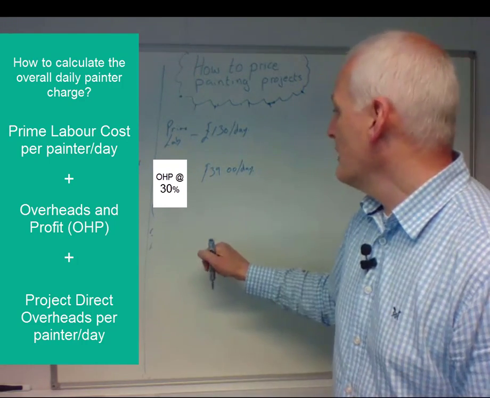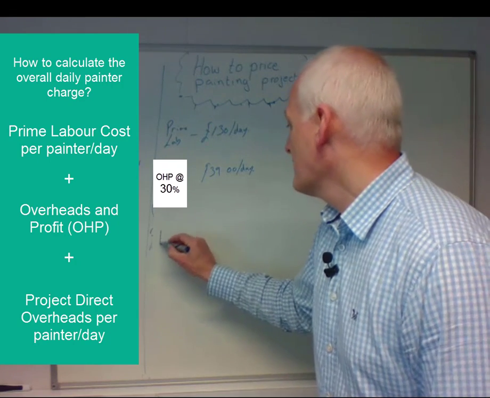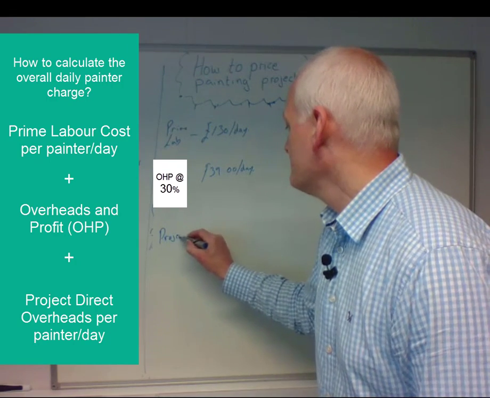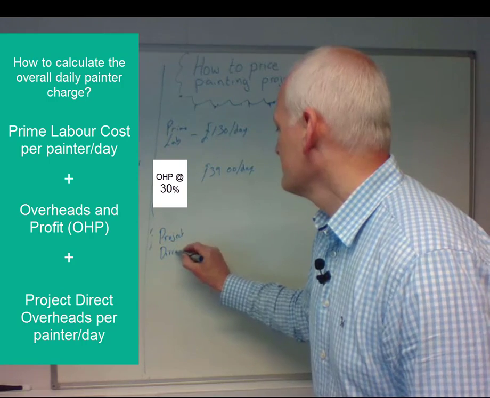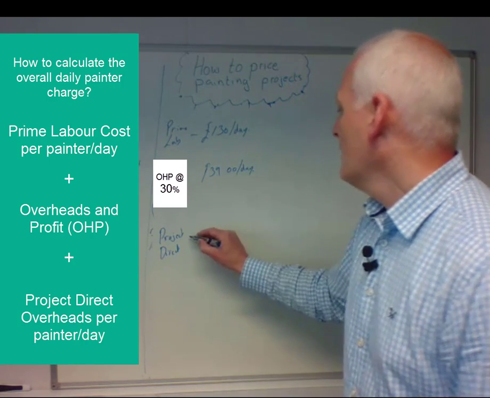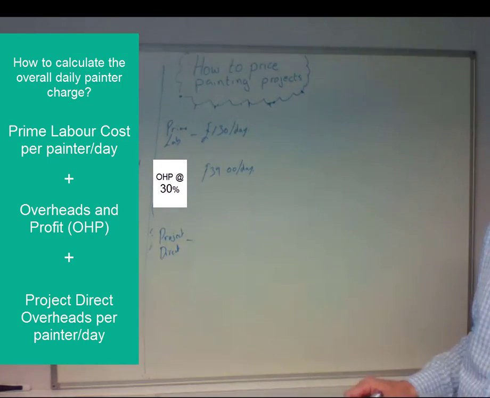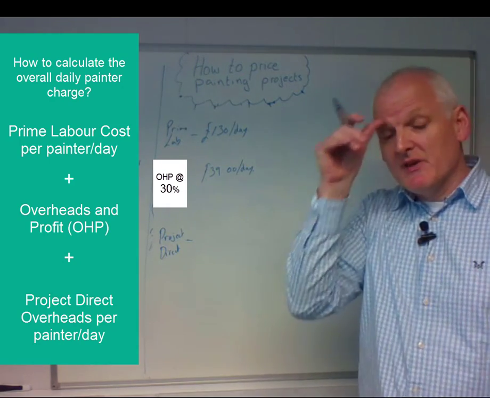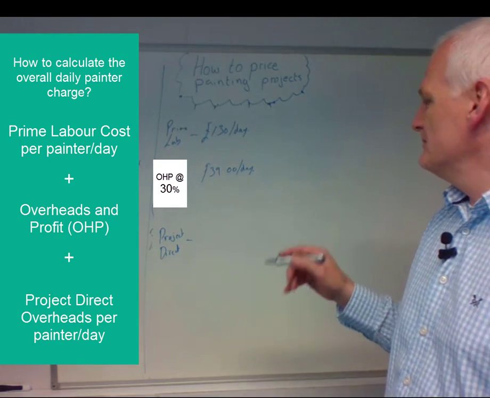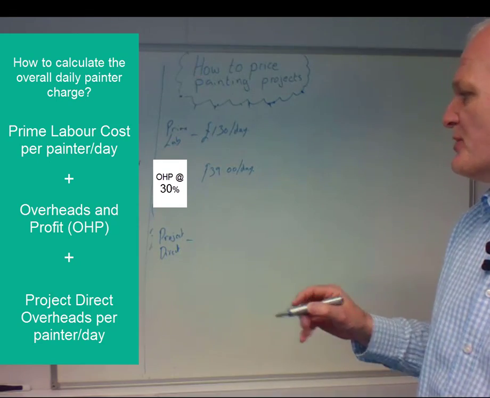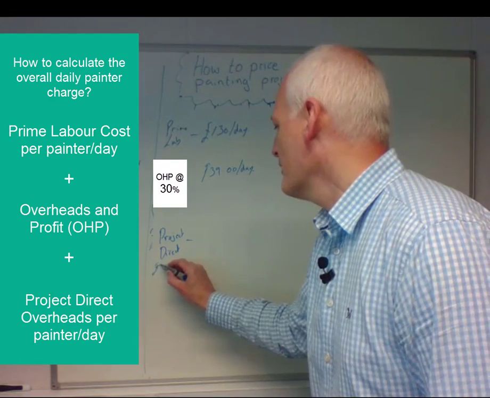I then have got to allow for the project direct overheads. Now, on this particular project, let's assume that it's relatively close to us. We're going to put £20 in the vehicle for fuel.